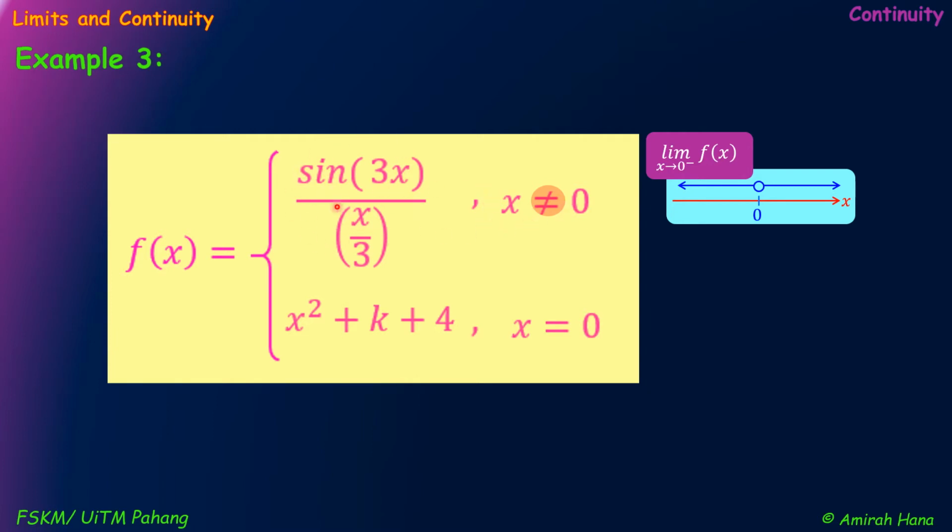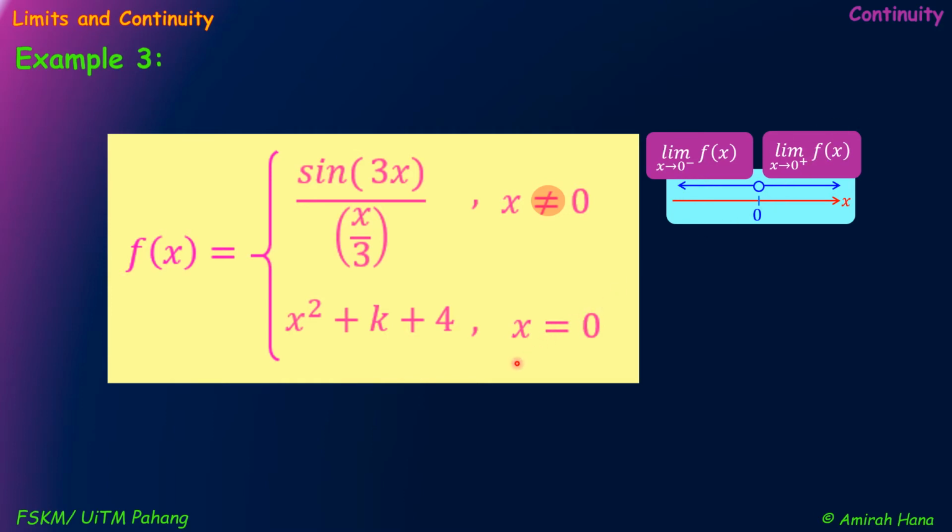And we use the same function to find the limit as x approaches 0 from the right of f(x). If we have a not equal sign, we will use the same function to find the limit from the left and the limit from the right.